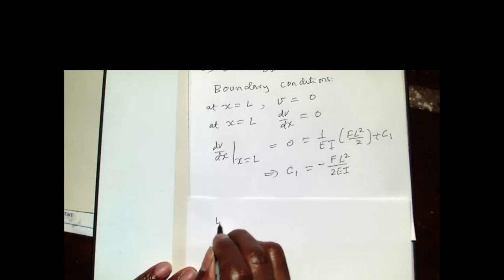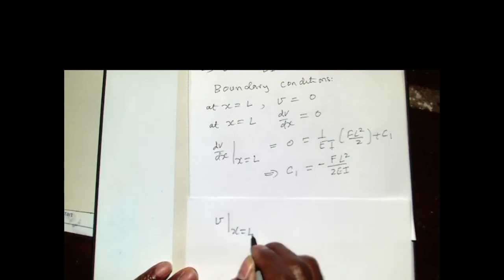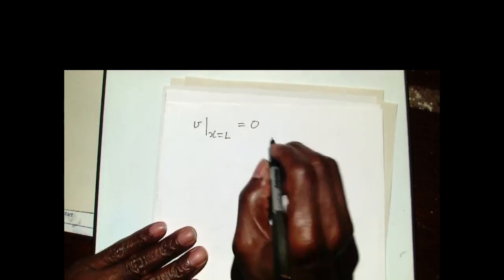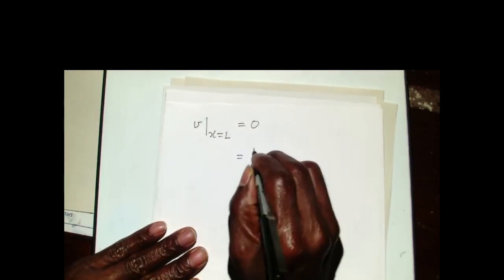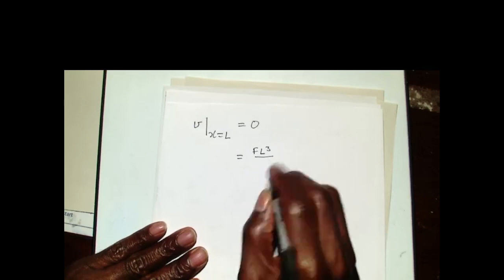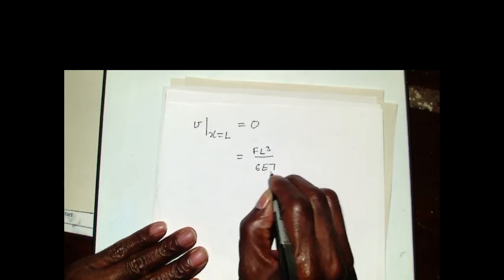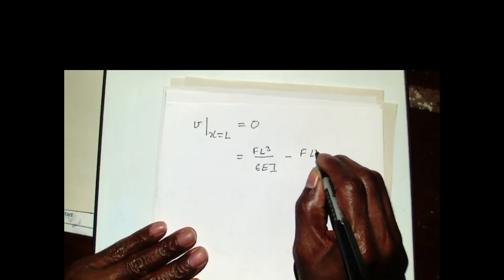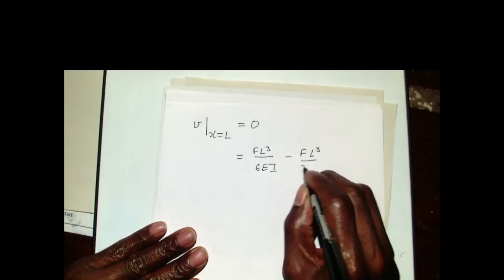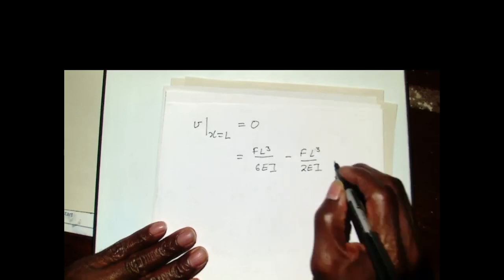At x equals L, v equals 0. So I'm going to put that in and put in the value of C1, which we now know. We now have F L cubed all over 6 EI, minus F L cubed all over 2 EI, plus C2.